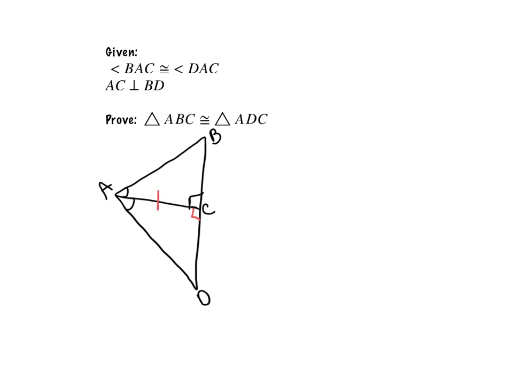So now I know two angles and a side. So it's going to be angle, side, angle. Let's talk about why. Where is the side? In the middle of the angles. So this one is going to be yes, angle, side, angle.